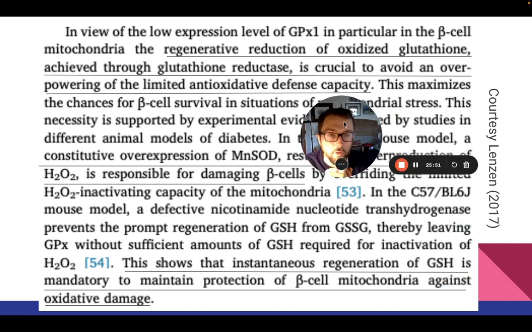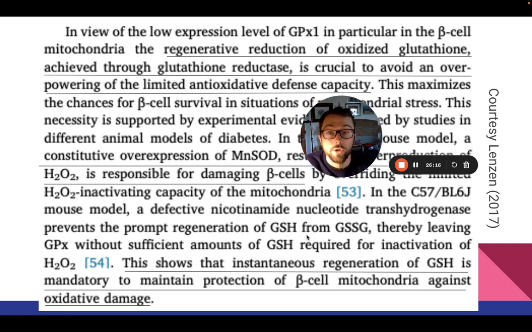Now, below that, these are just different mouse breeds signifying the diabetic model. There's also another enzyme, nicotinamide nucleotide transhydrogenase. There's not a quiz at the end of this episode. It's just an enzyme. It prevents the prompt generation of GSH. GSH is glutathione.